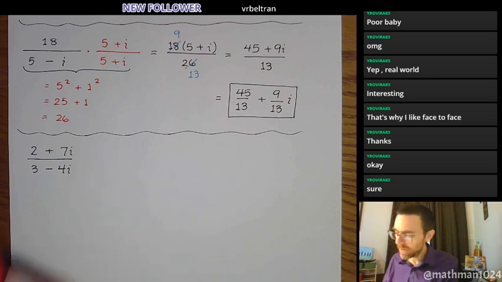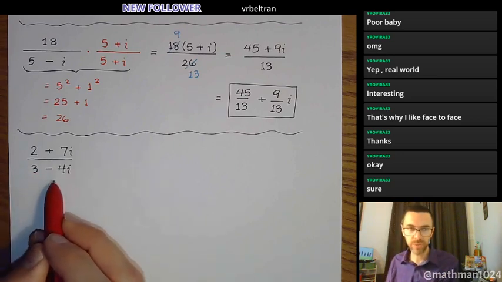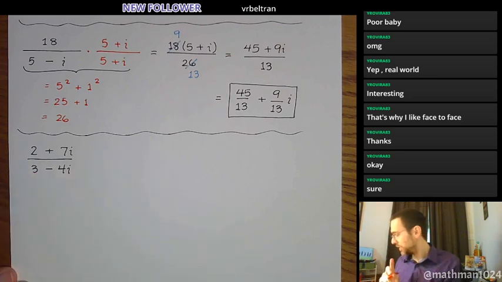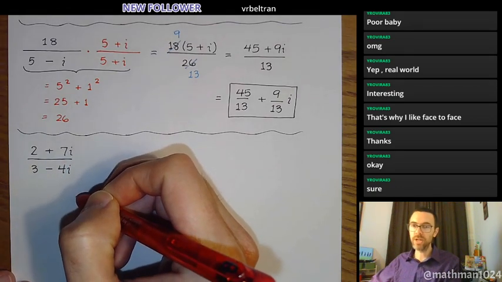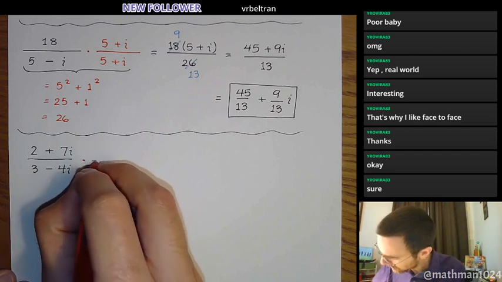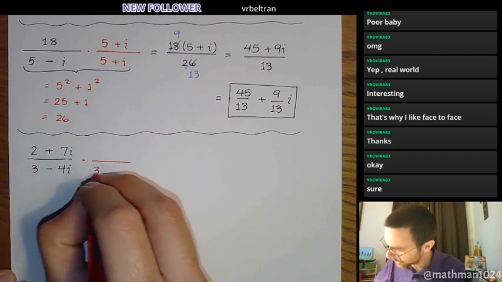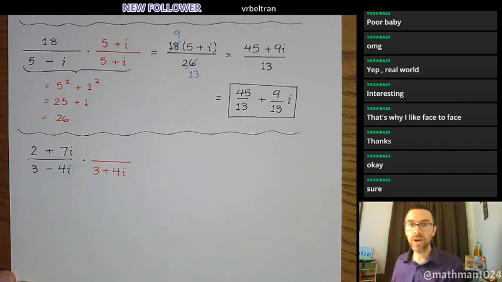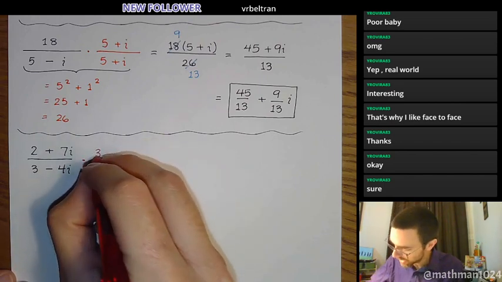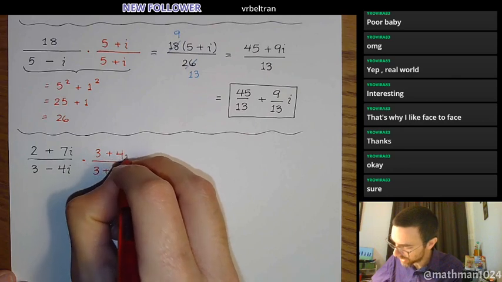So right now, my problem is that I have a complex denominator. Now, please do not think that these i's get to reduce because they're not common factors for the numerator and denominator. Instead, we're going to use complex conjugates, and I'm focusing on my denominator, so 3 plus 4i. And 3 plus 4i in the numerator as well.